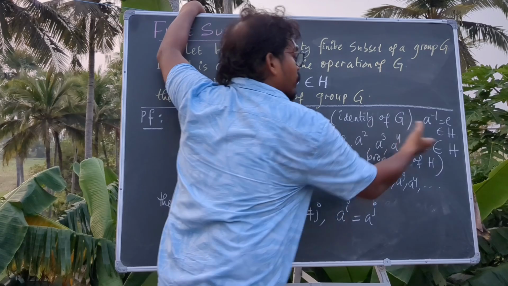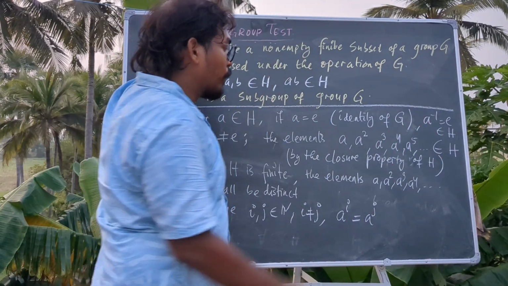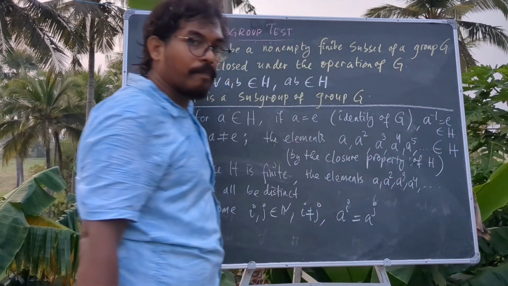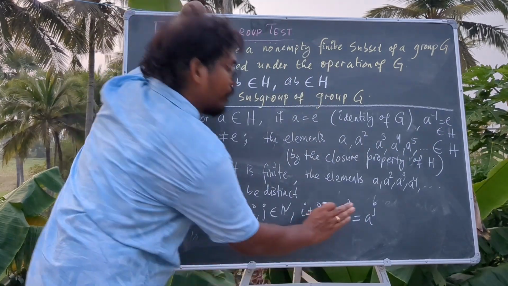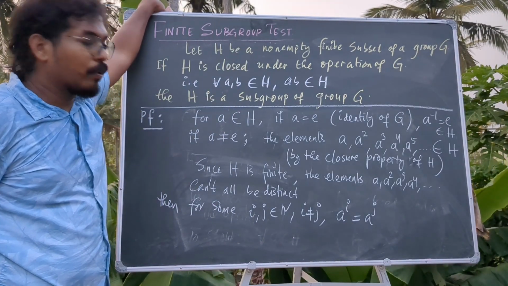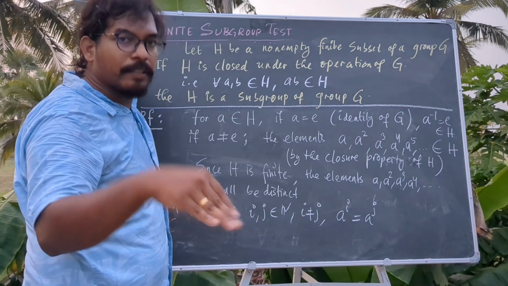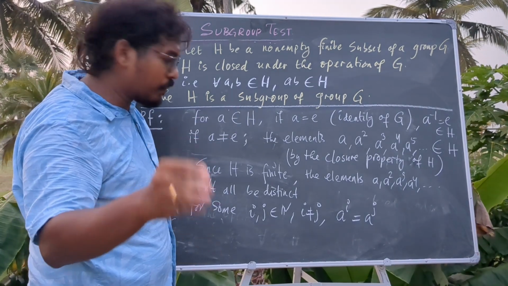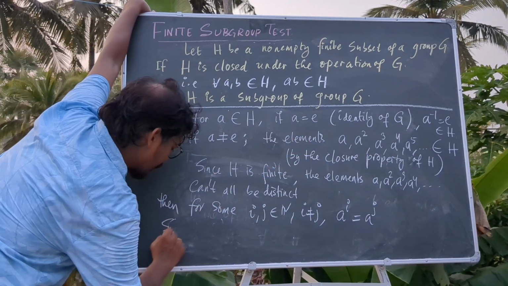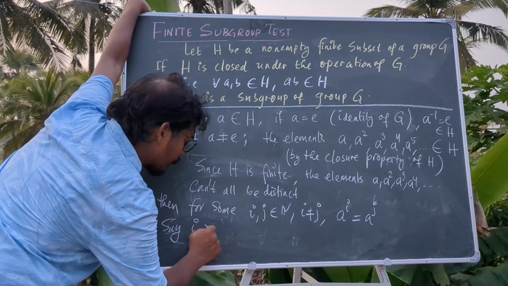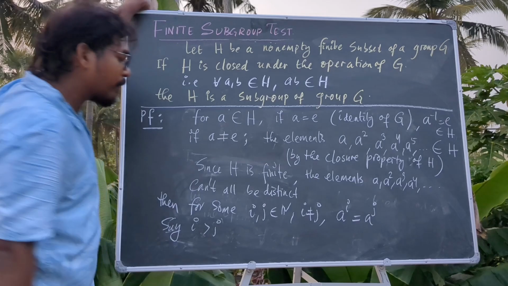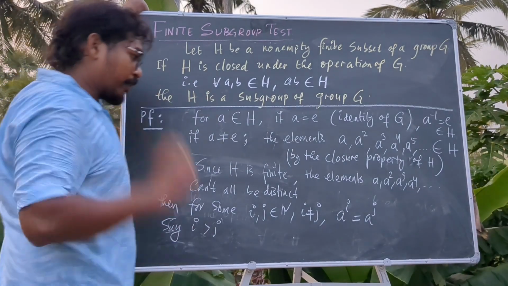Since all these are not distinct, we will have some power of a equal to some other power of a. i can be either bigger than j or less than j, because i is not equal to j. Say i is bigger than j. For i less than j, we will have the same logic.